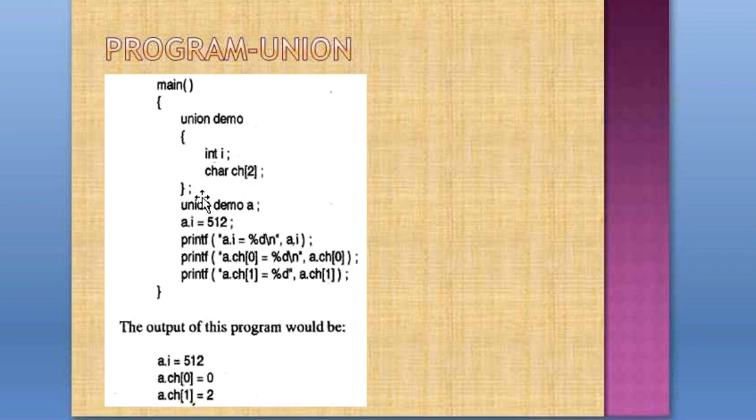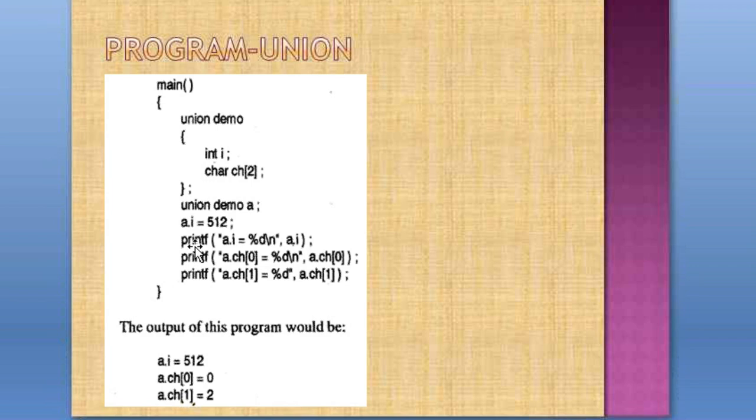You can define it before main also. So only 2 bytes get reserved. And here one variable is created, that is a, for this union, and a dot i means the variable i gets initialized with 512.